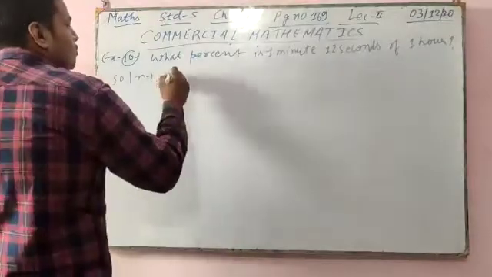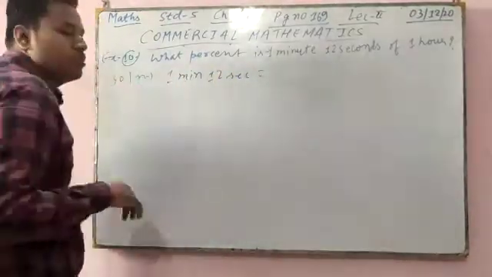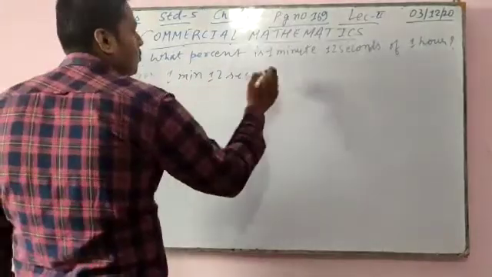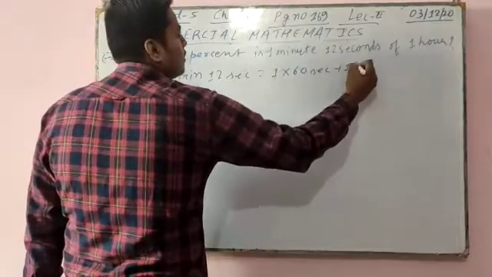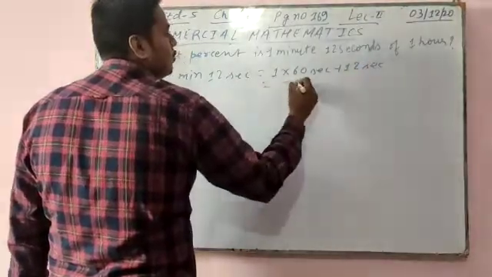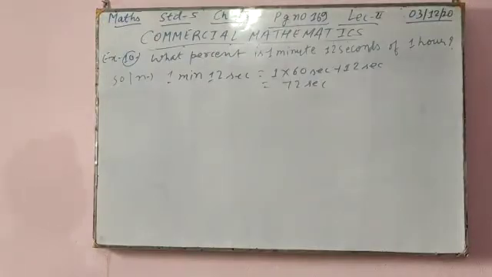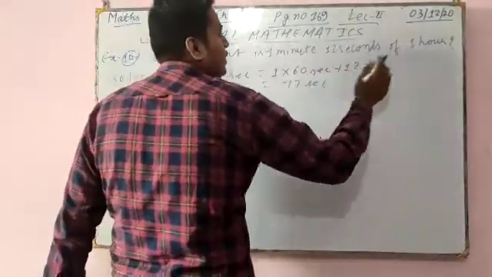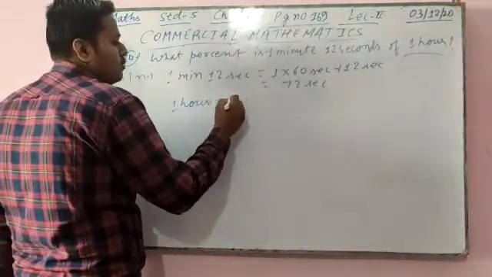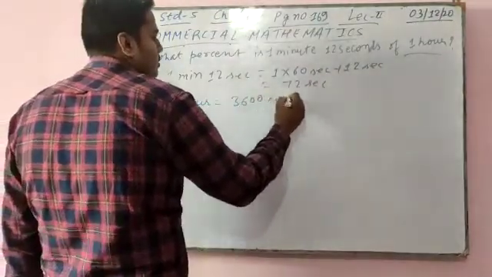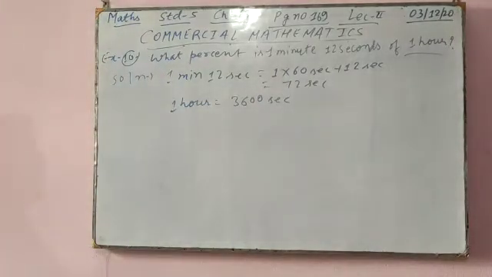So first we will change it into second. So 1 minute 12 seconds will change into the smaller unit, second. In 1 minute there are 60 seconds plus 12 seconds. When you add, you will get 72 seconds. So now this you have changed into seconds. This hour also you have to change into second. So in 1 hour there is what? 3600 seconds. Okay. So now both are in second.